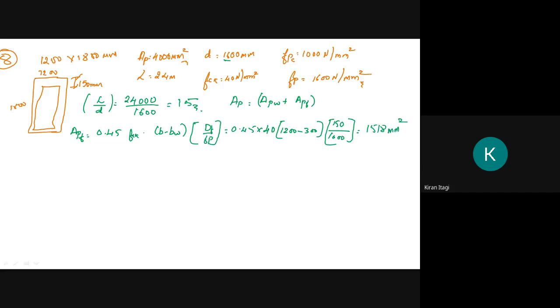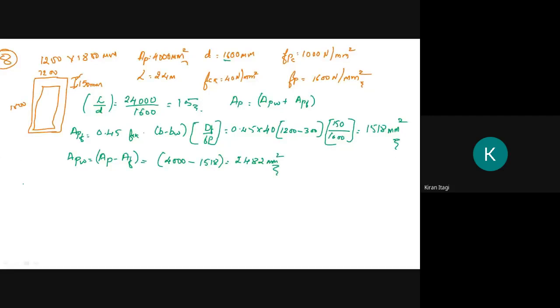We have got the value of APF. Then how will we calculate APW? That is the total area minus APF. The total was 4000 minus 1518. It will be 2482 mm square.